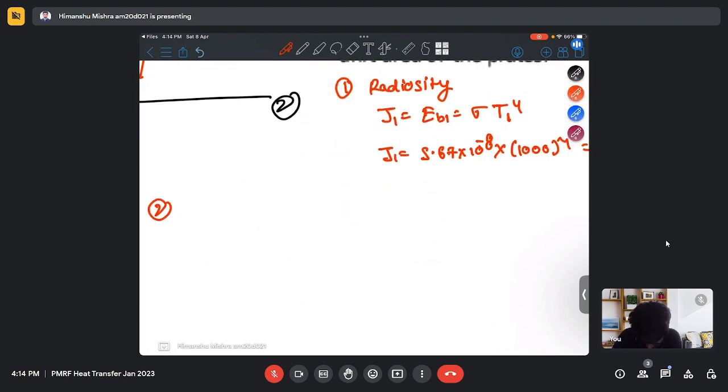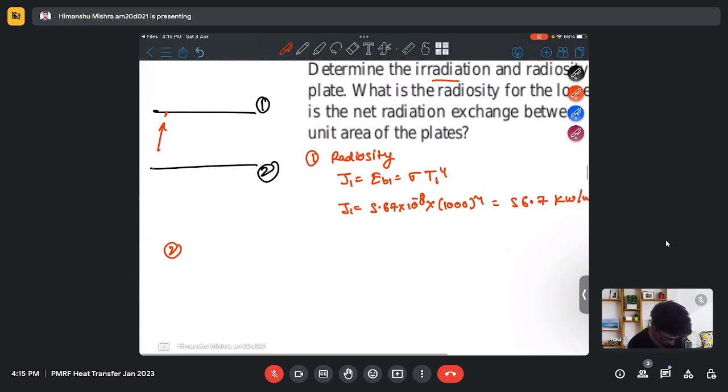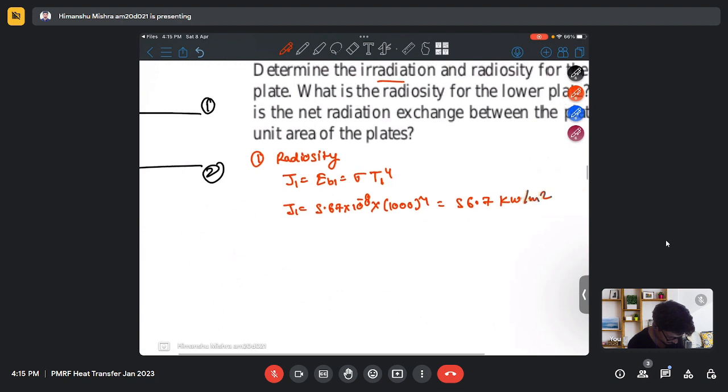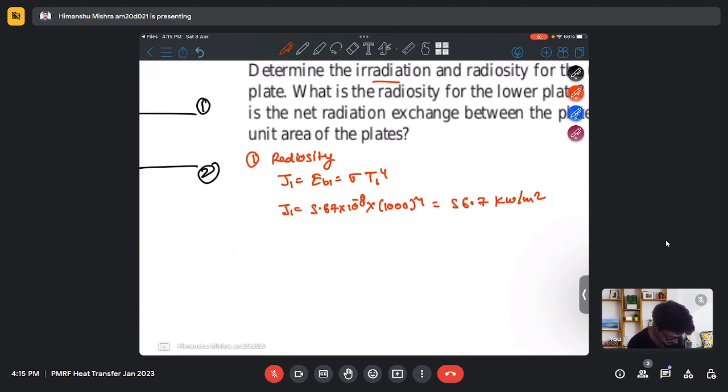For this J1, I think it should not be kilo, it should be watt. When you calculate, you will find around 56.7 times 10 to the power 3 watt per meter square. So I just wrote this quantity in kilowatt, 56.7.